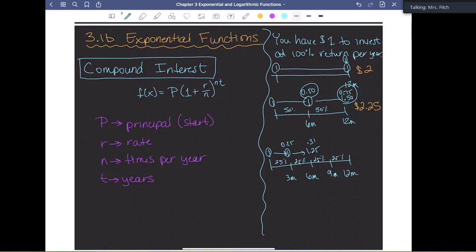So now I have 31 cents plus $1.25, so now I have $1.56. At 9 months, they're going to pay me 25% on that $1.56.